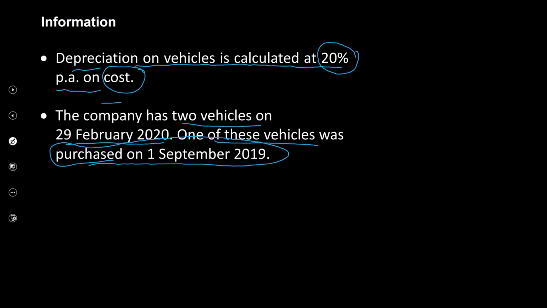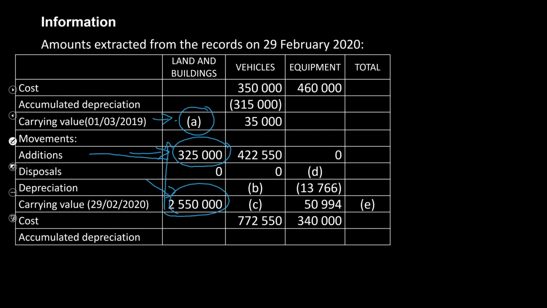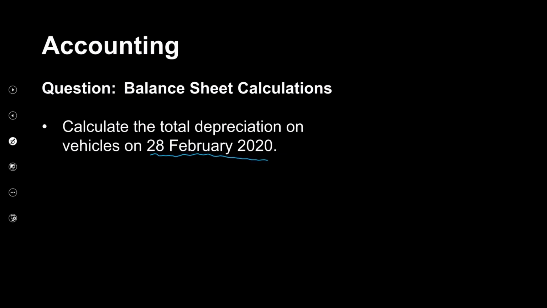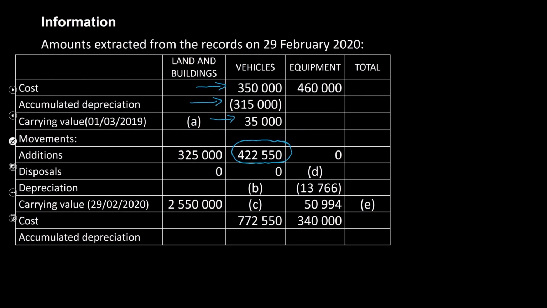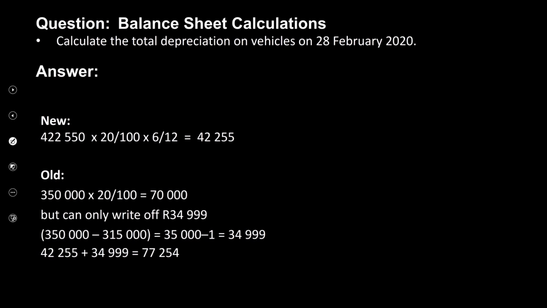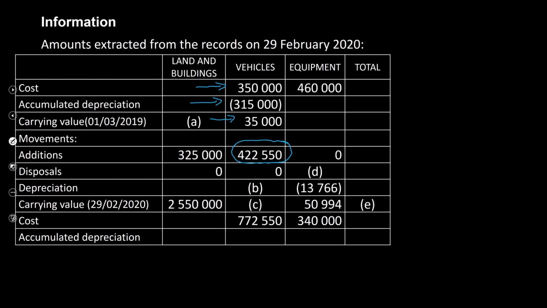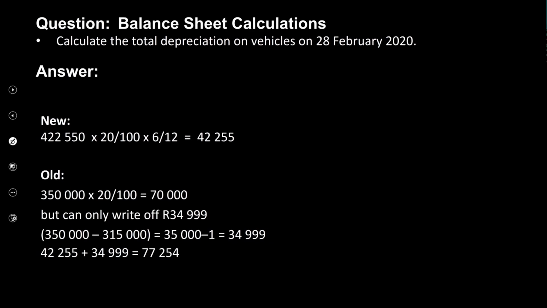Okay, so let's go into my calculation. Firstly, I take my new vehicle, right? The value of the new vehicle was 422,550. Remember, I'm using art, amount, rate, and time, right?